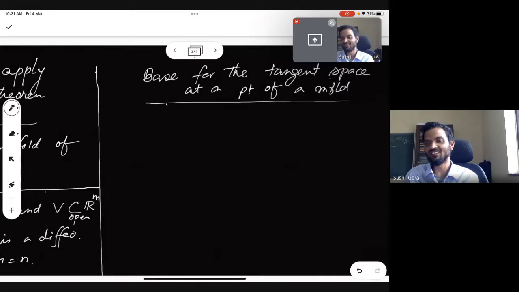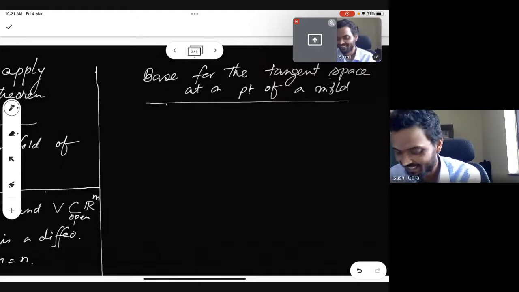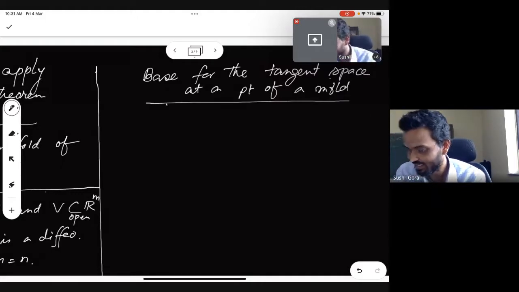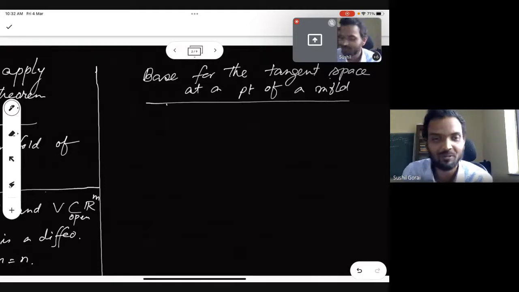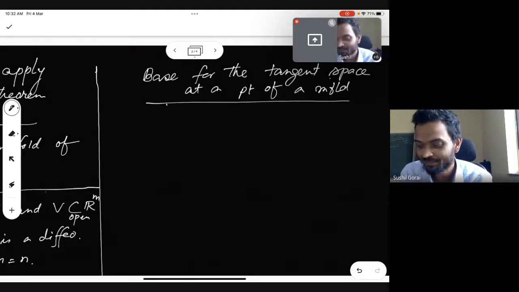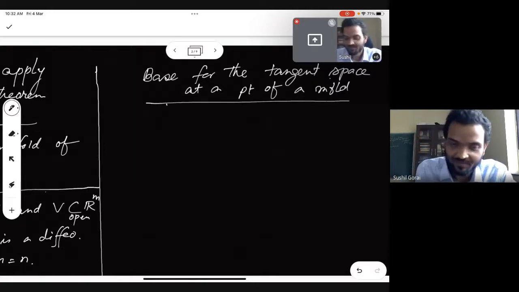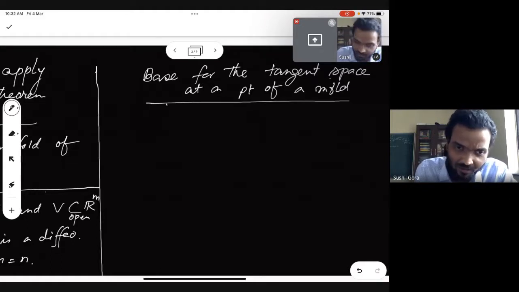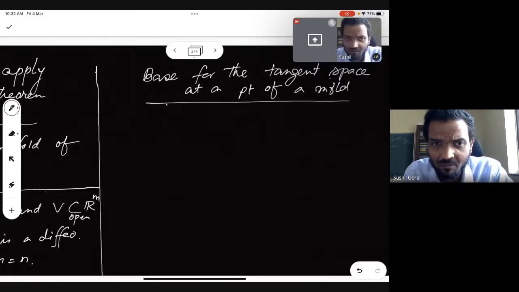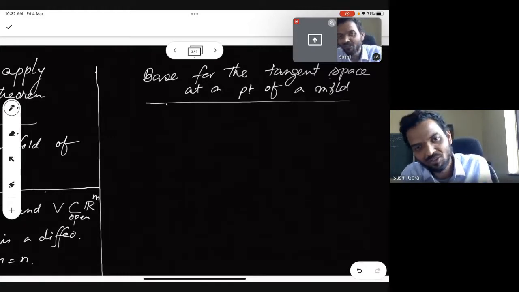Right. Yeah, Jitendra is right. So you can speak now. Yeah, so this is the chart map. One uses the chart map. Most of the time when you want to do something over a manifold, you need to use the chart map.